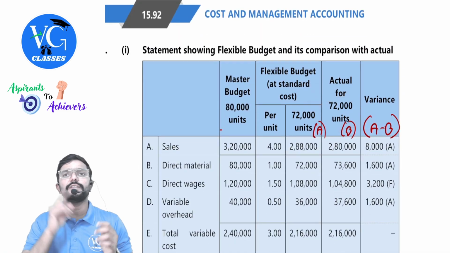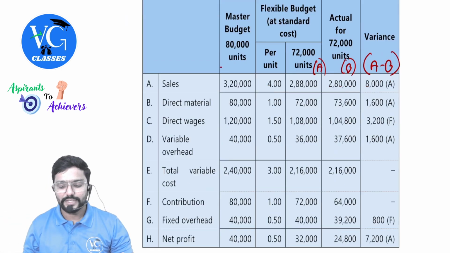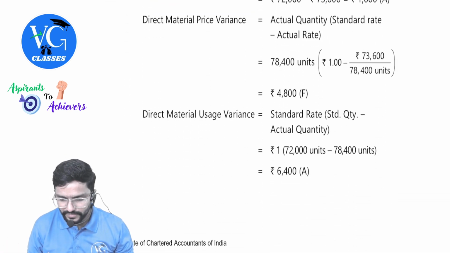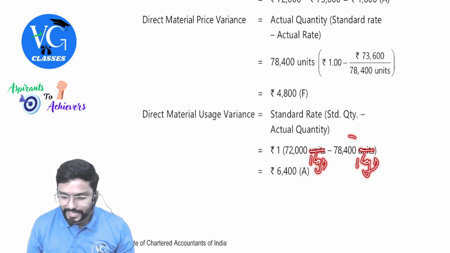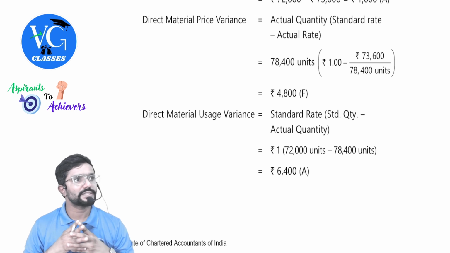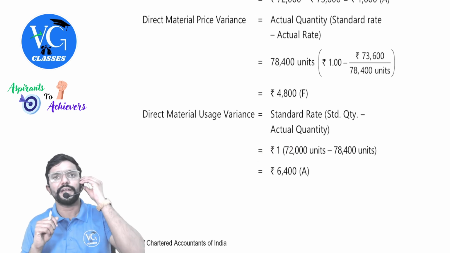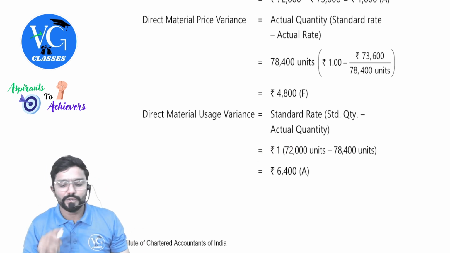So what is the standard quantity for actual output? 72,000 kg. Not units, kgs. Whereas actually used how much? 78,400. Actually used 78,400 into 1. 6,400 adverse. Guys, hope you understood.